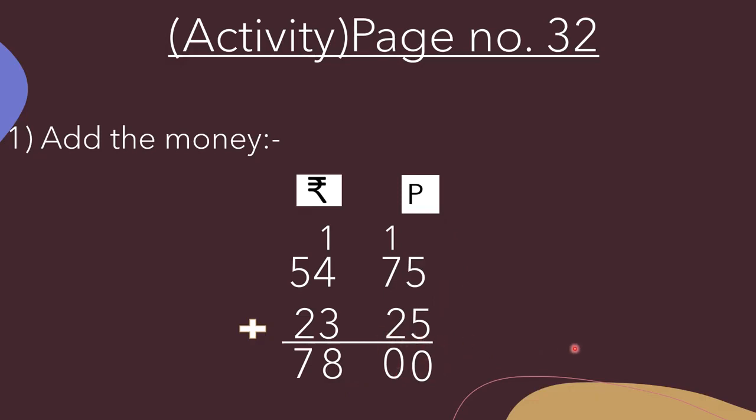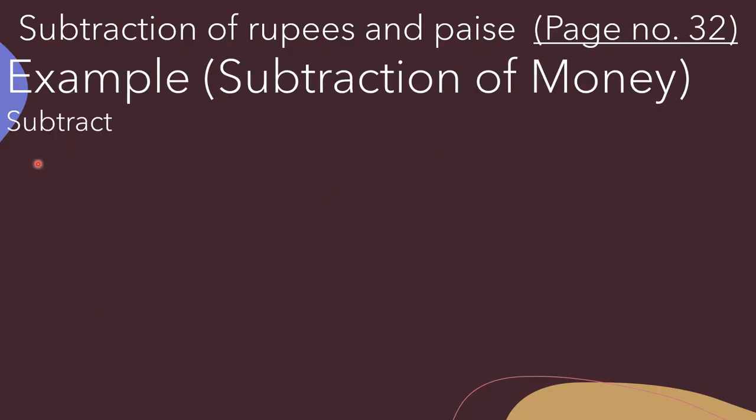Okay. Now beta, we will do subtraction of rupees and paise, which is given on page number 32 in your book. So first of all, we will do an example of it. Here it is given, subtract rupees 18 and 50 paise from rupees 40 and 60 paise. Here beta, we have to write the bigger amount first.